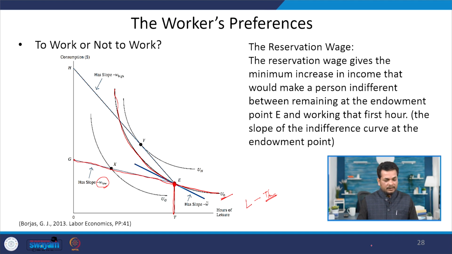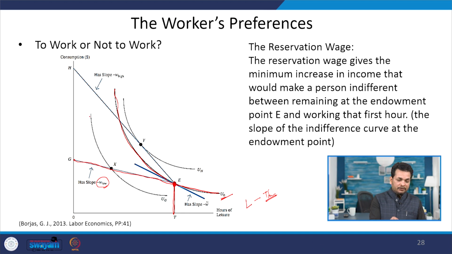Now, if the worker is going to get some kind of satisfaction or utility by moving away from this point E to any point on this opportunity set, let us say point X, what is happening at point X?